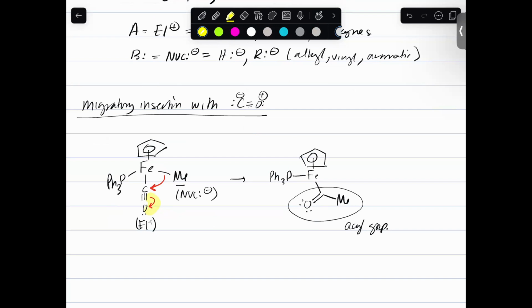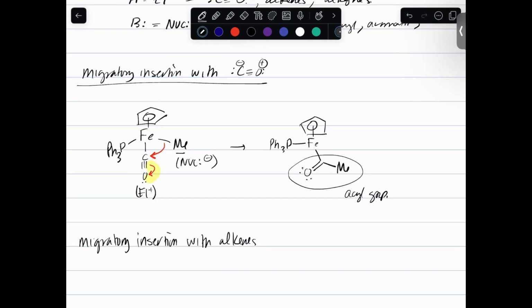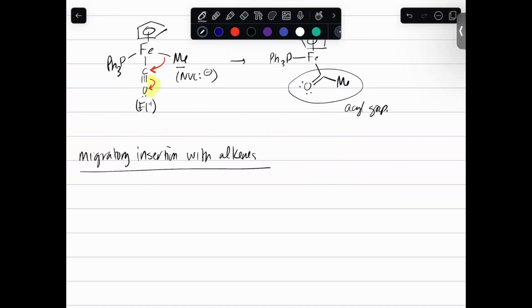Now let's talk about migratory insertion with alkenes. Now these are a little different than carbon monoxide. And the reason for that is because this is an unsubstituted alkene. If you remember, when alkenes complex to your metal, they don't complex through a carbon.